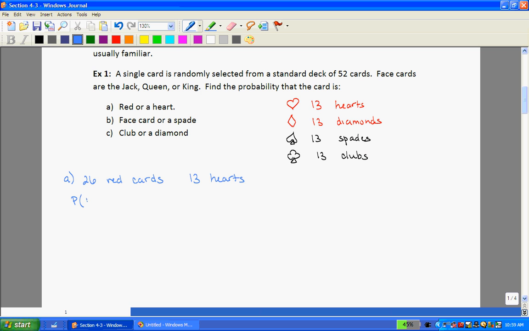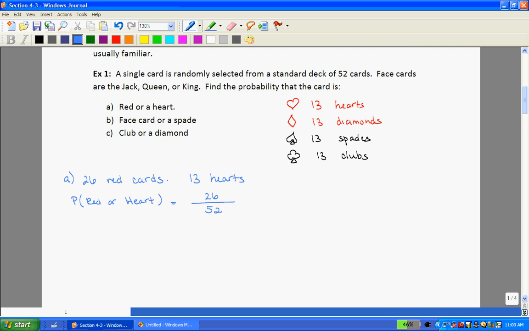So for the probability of red or heart, we already know that the denominator is going to be 52 because there's 52 cards. Our concern with the numerator is, is it 26 plus 13, or is there something else I need to take into consideration? We said there's 26 red cards, but if I add 13 to that, the red hearts are being counted twice. So really there's only 26 cards, including the hearts.